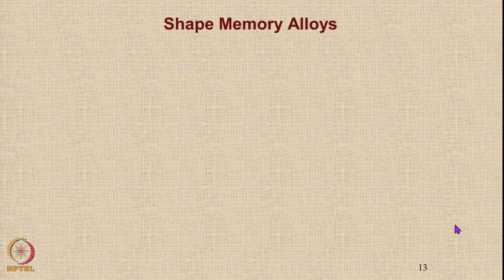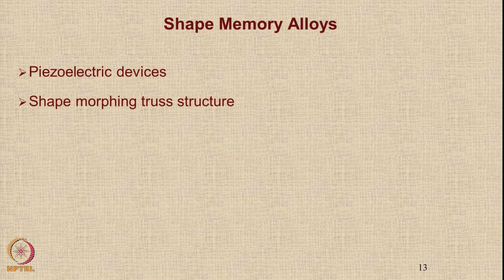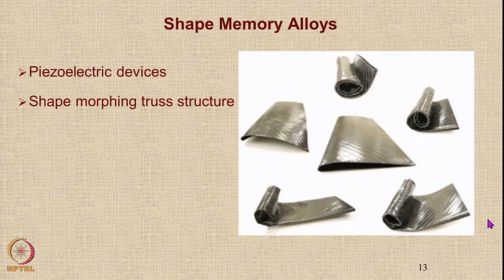Shape memory alloys are one structural technology which is very useful in achieving morphing. Mostly it consists of piezoelectric devices and sometimes some kind of a truss structure. So, here is an example of a shape memory alloy.